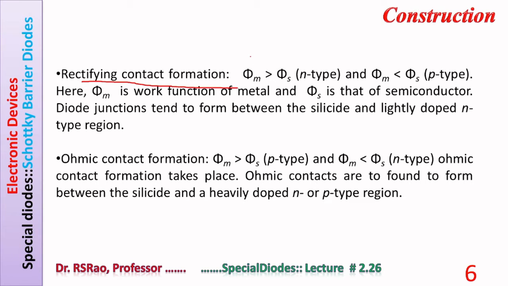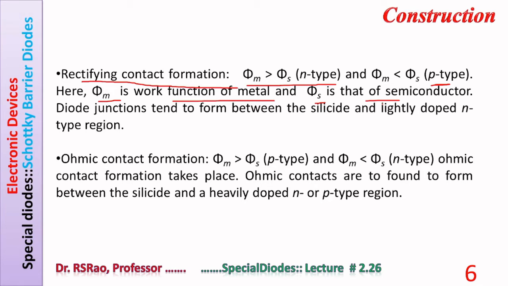Rectifying contact formation: phi m more than phi s in the case of N-type semiconductor, phi m less than phi s in the case of P-type semiconductor. Here phi m is the work function of the metal and phi s is that of the semiconductor.